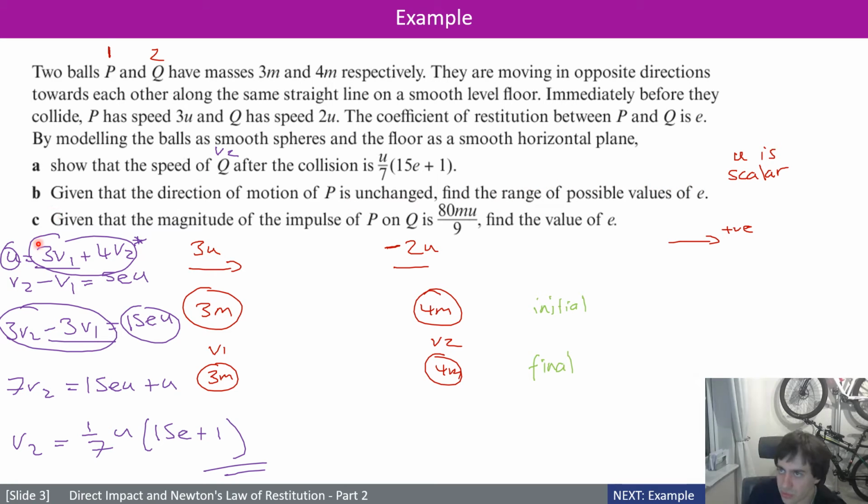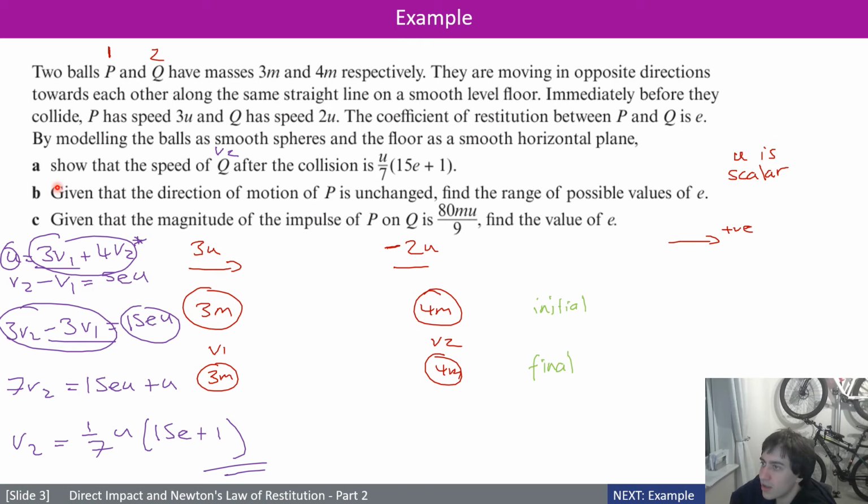So, this is the one where it's a bit tricky if you don't know how to write this mathematically, right? So remember what I said about these hidden inequalities. The direction of motion of P is unchanged is a statement about the final velocity of P, which is our number 1 object. It's a statement about v1.